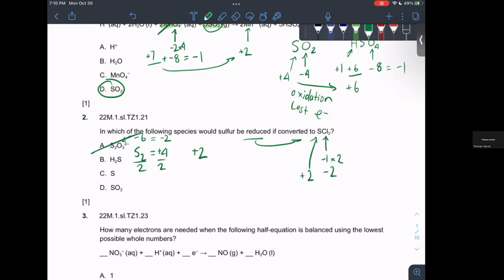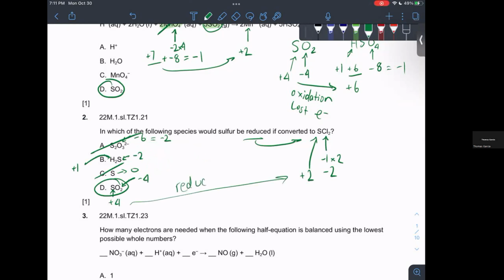So it's not A. I'm going to erase some stuff so I have room. And the second one, H2S, each of the hydrogens contribute a +1, therefore sulfur is -2. Nope, it has to oxidize to become that. And sulfur is 0. Nope, again has to oxidize. So it's got to be D, SO2. If we want to check, oxygen makes it a -4, therefore sulfur is +4. And +4 to +2 is a reduction, reduced.